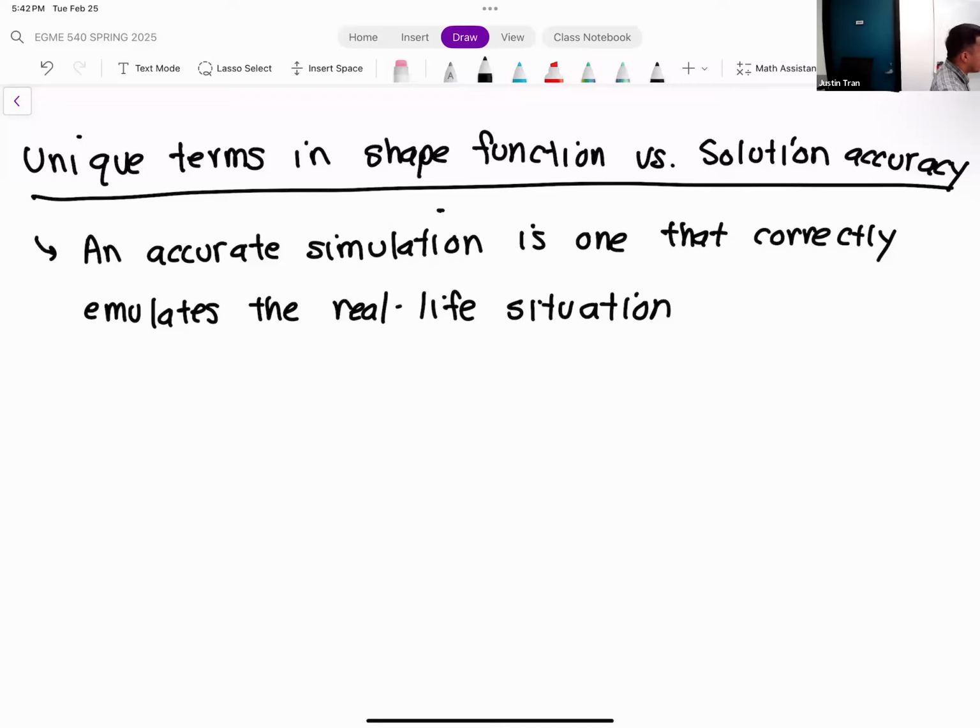There's no such thing as getting something more accurate than reality, so reality is the upper threshold. Once you match that, then you're good to go.